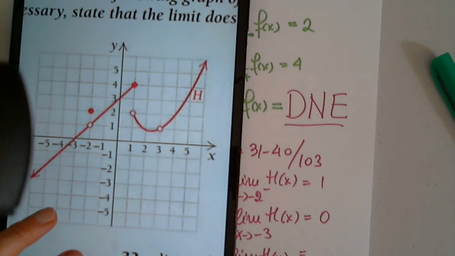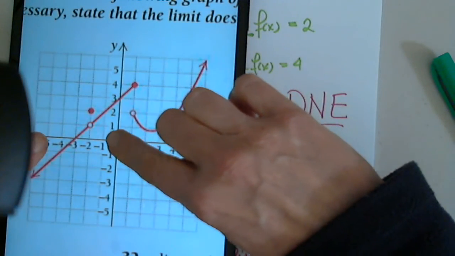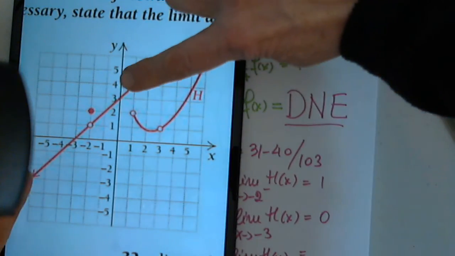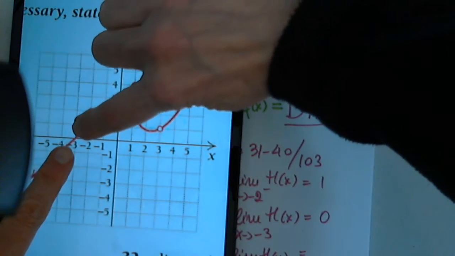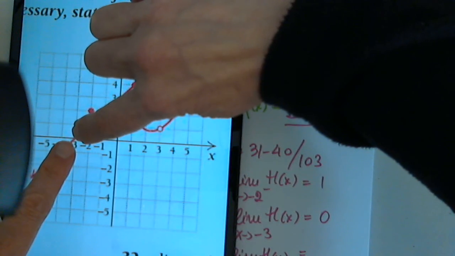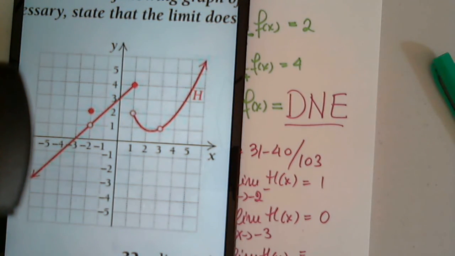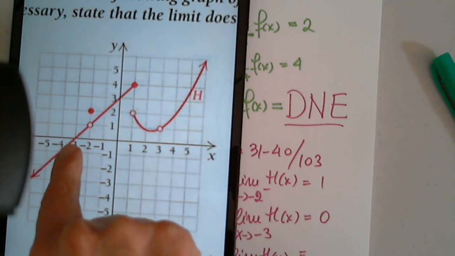Oh, but before we move on, I don't understand why 32 is 0. As x approaches -3 from either side, the function values get closer and closer to 0. That's the y value of this point, 0.